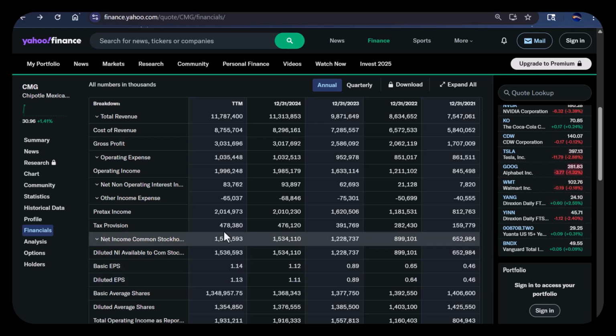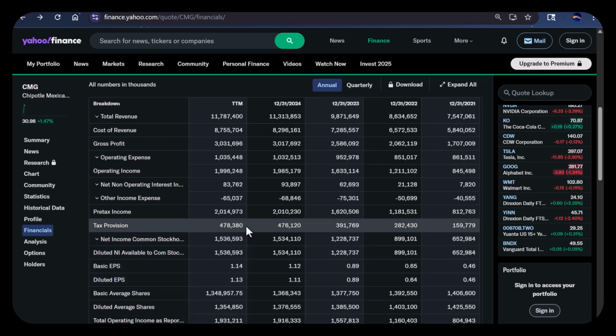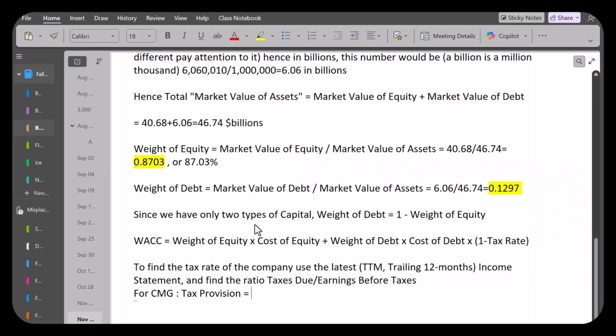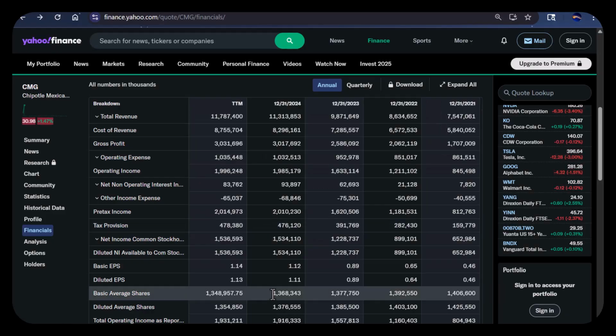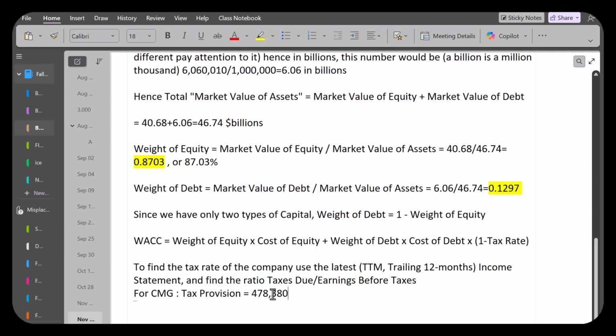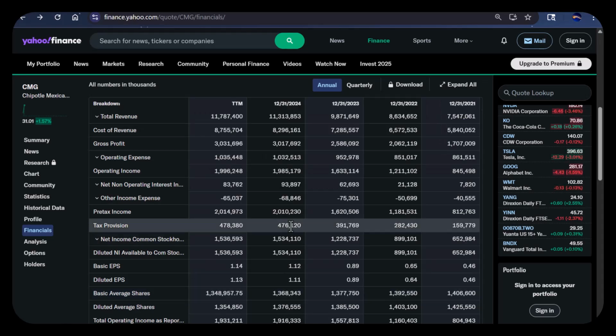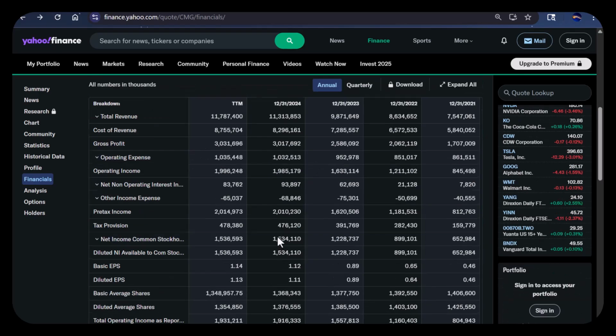If this was an advanced class, we would have worried about deferred taxes, yada, yada, yada, but we're not going to worry about it. 478,380 in thousands. I think in thousands. Yeah. Man, they're paying a lot of taxes.